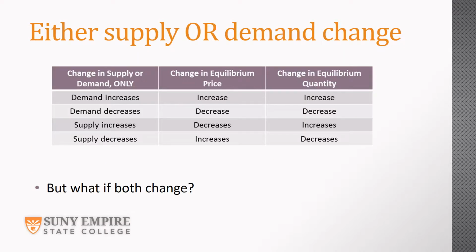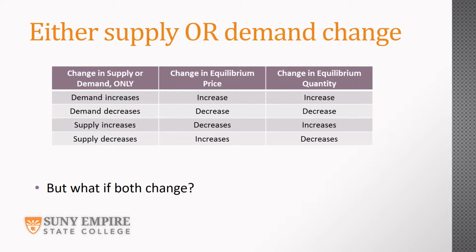In the two previous resources, we saw what happens to the equilibrium price and quantity if either supply or demand changed. If demand increases, then both equilibrium price and quantity increase. If demand decreases, both price and quantity drop.